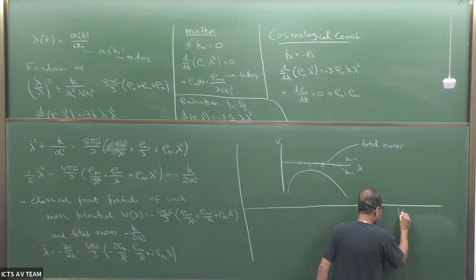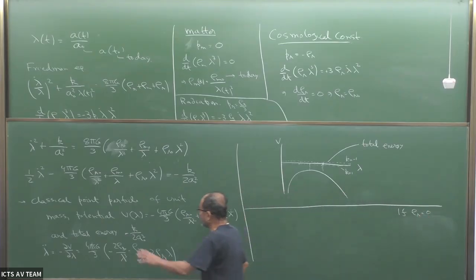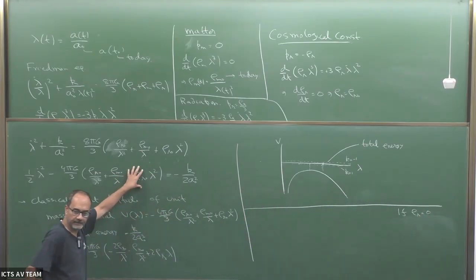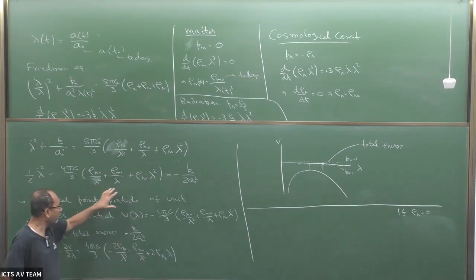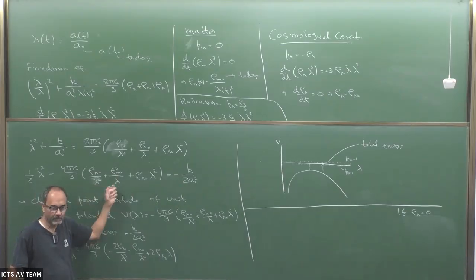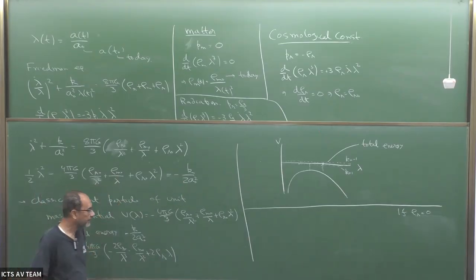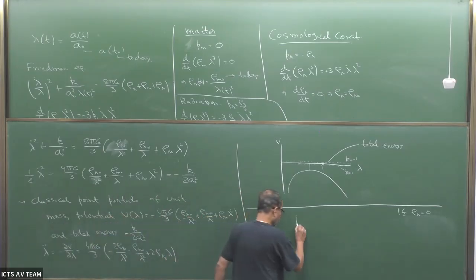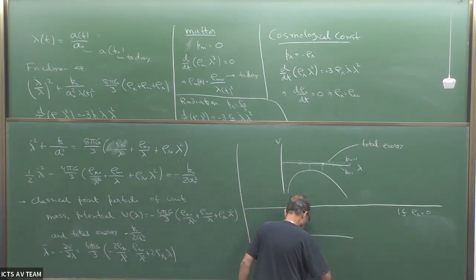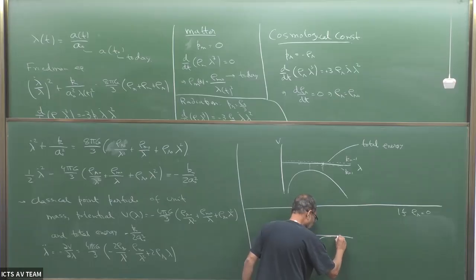If rho lambda is 0, then this term is not there. For small lambda, it still goes to minus infinity. But as lambda goes to infinity, you can see this goes to 0. So the plot will be like this, asymptotically approaching this line.